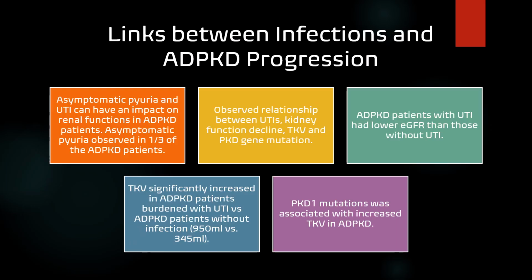So the links between infections and ADPKD progression, additionally, is where there can be asymptomatic pyuria and urinary tract infection that can have an impact on renal function in ADPKD recipients.